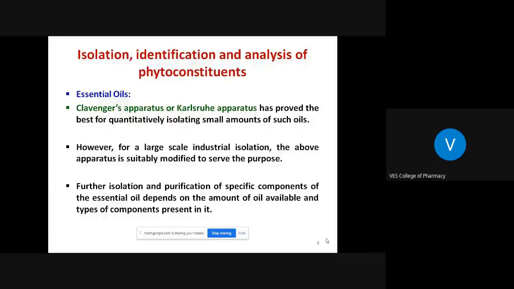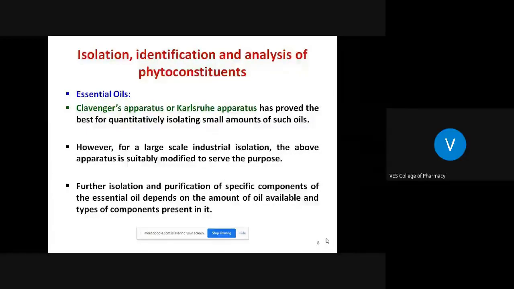However, at an industrial scale or large scale industrial isolation, the above Clevenger's apparatus is suitably modified to serve the purpose. Further, isolation and purification of the specific components of the essential oil depends upon the amount of oil available and types of components present in it.